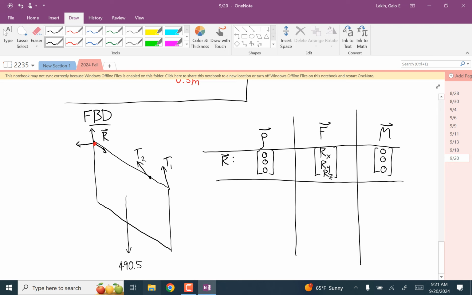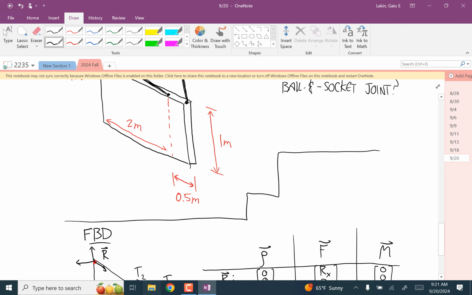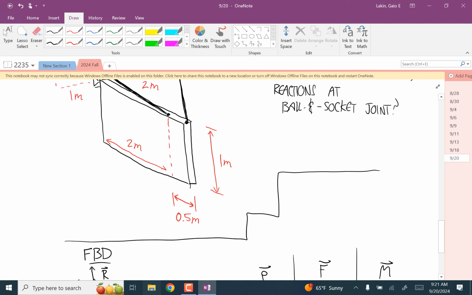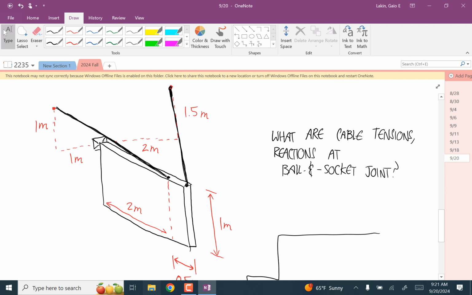Now, the weight force. So the row vector is from the about point to where the force is applied. This whole thing is 2.5 meters long and 1 meter high. And so to get to the middle of this sign, we have to go 1.25 meters. Well, I didn't show what our coordinate system is, but let's use this.